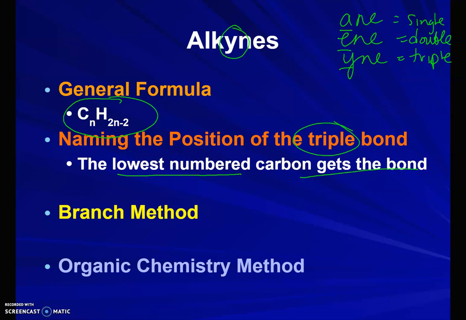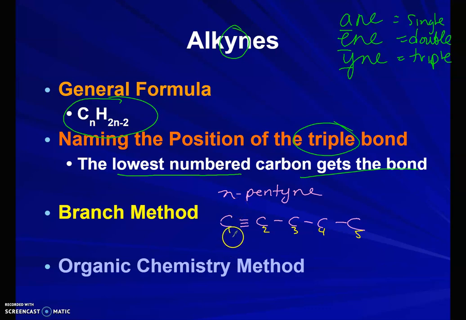So if we are looking at our normal pentyne, you would have your 5 carbons, and you number your carbons. You would call this your 1-pentyne or normal pentyne.